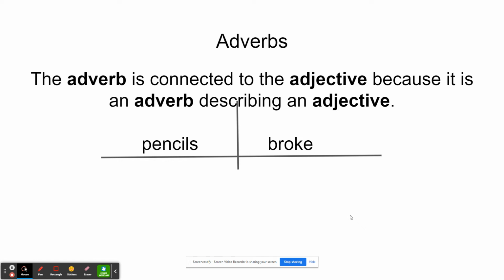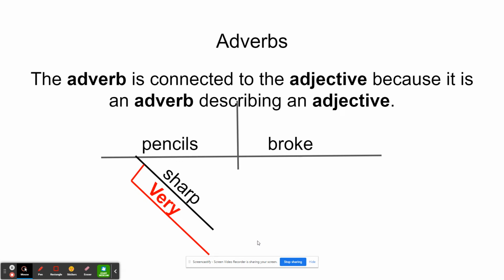What kind of pencils? Sharp pencils. So sharp is an adjective telling us what kind of pencils. Remember, what kind is an adjective's question. But now, how sharp? Right. Very sharp. How is an adverb question. So how sharp? Very sharp. Very is an adverb describing the adjective sharp. So very is connected by that arm to the word sharp.